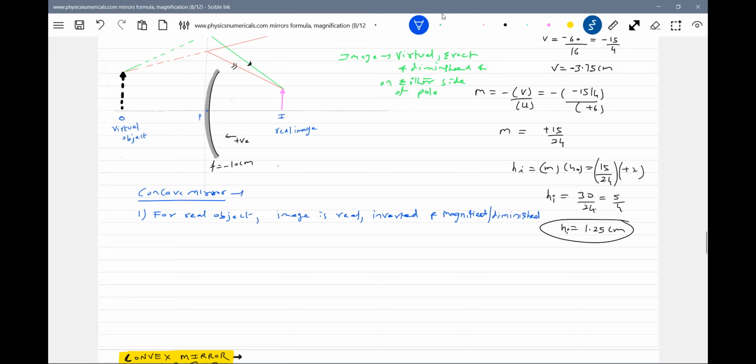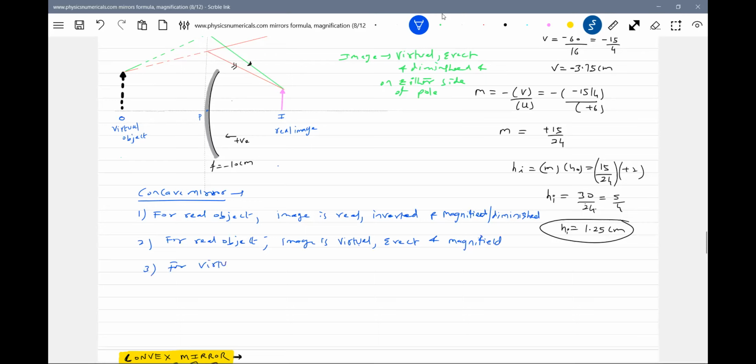It depends upon the condition. Similarly, for a real object, the image is virtual, erect, and magnified.